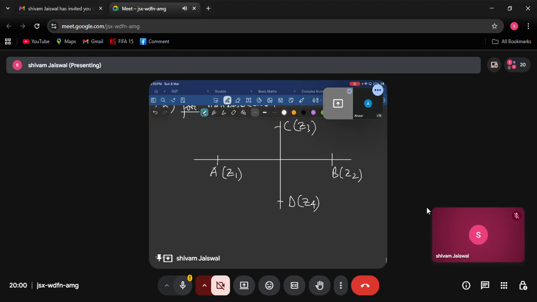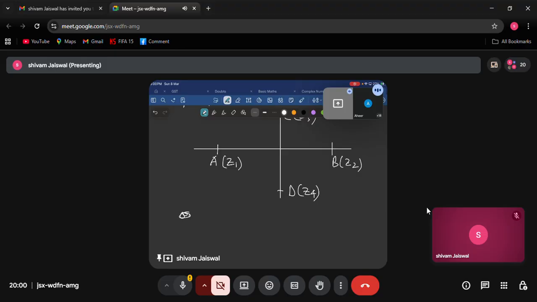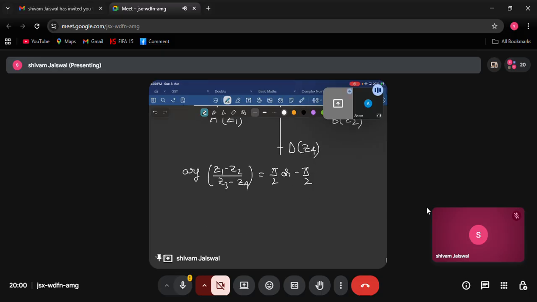So everyone, you can understand that argument of Z1 minus Z2 upon Z3 minus Z4 is equal to pi by 2, or minus pi by 2. So that means it is purely imaginary. This implies Z1 minus Z2 upon Z3 minus Z4 is purely imaginary.